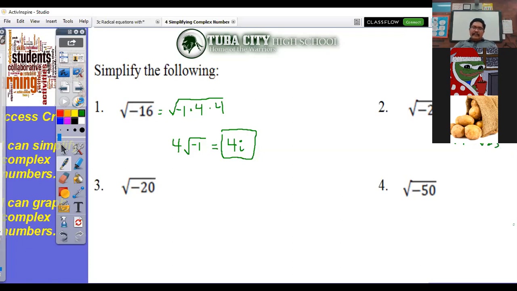Because again, that's one of the properties of multiplying radicals: you can also take them apart, right? It's still factoring, but now I can take this square root of 25, because we know the square root of 25 is 5, and the square root of -1 is i, so I end up with 5i.